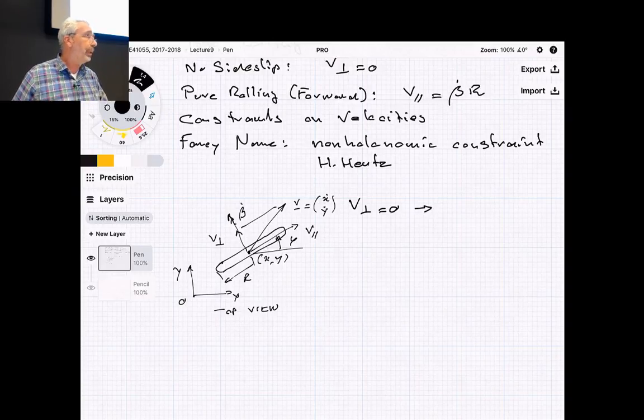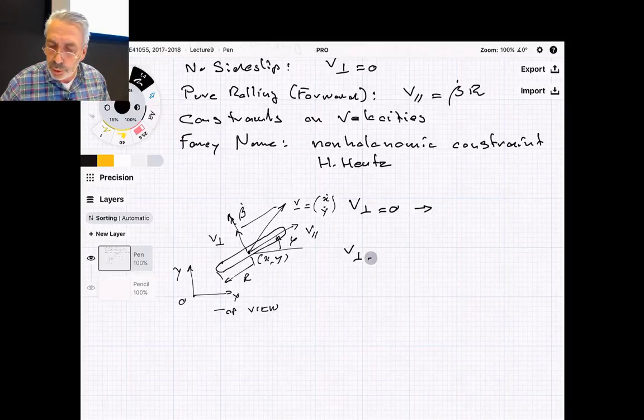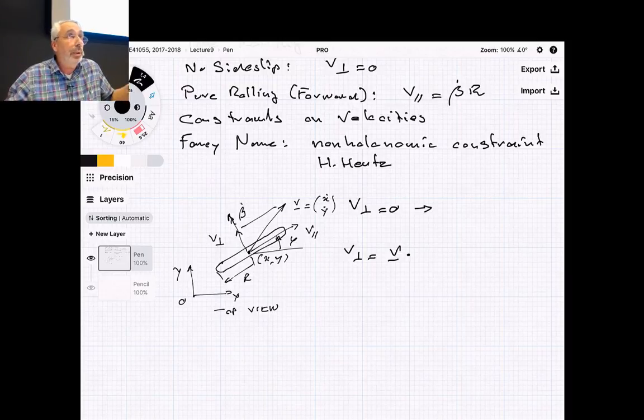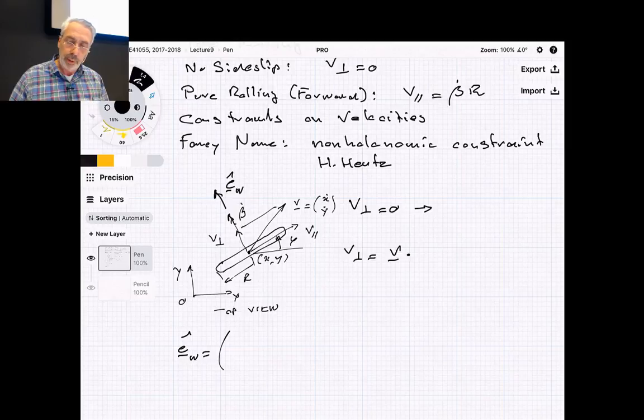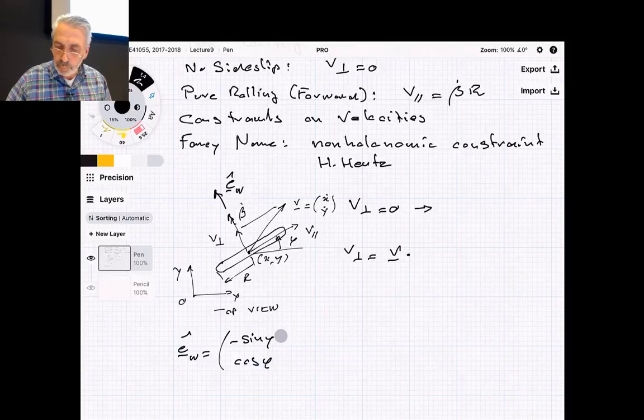So apparently we have to project our speed, right? So the sideward velocity is a projection of this speed. So that's the dot product of the speed, which is x dot, y dot, and then in which direction? Well, if we have this angle phi here, then there's a unit vector of the wheel, and if I look at the picture, the x component is minus sine phi, and the y component is cosine phi, right?